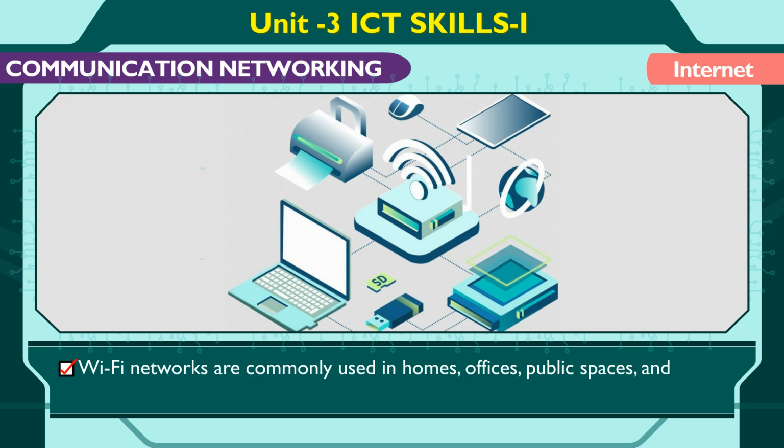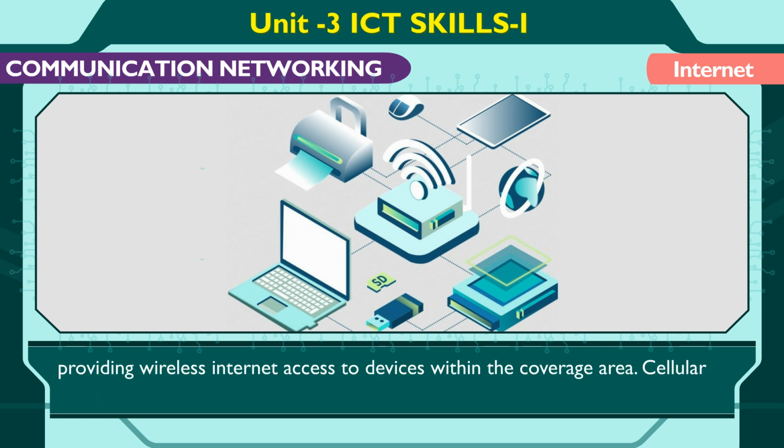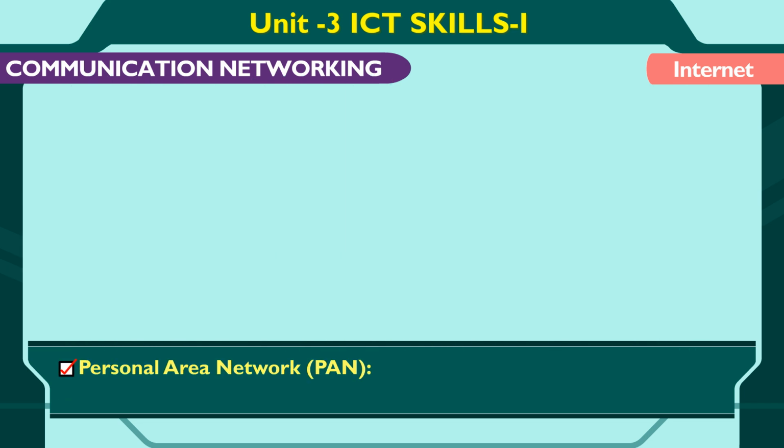Wi-Fi networks are commonly used in homes, offices, public spaces, and educational institutions, providing wireless internet access to devices within the coverage area. Cellular networks such as 3G, 4G, and 5G enable mobile devices to connect to the internet and communicate over cellular towers.